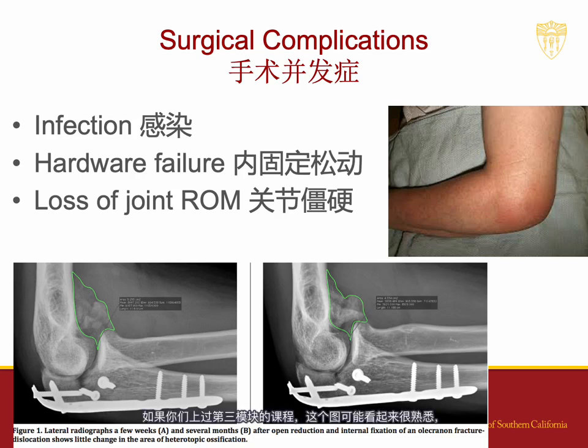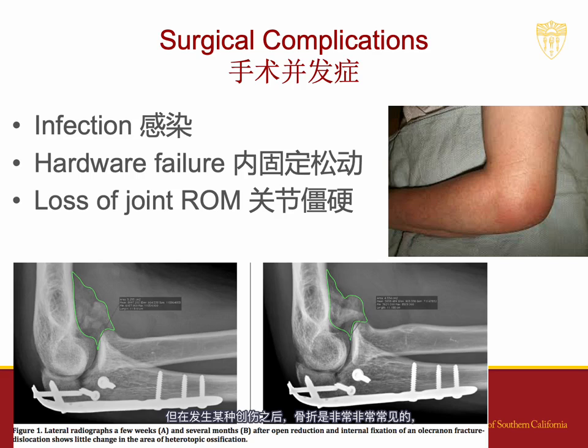And this picture might look familiar if you did Module 3, because in Module 3, I did a whole slideshow on heterotopic ossification. If you listened to that one, you will remember that, unfortunately, in the elbow, we can get this interesting complication that we don't get anywhere else in the body, and nobody really understands why.